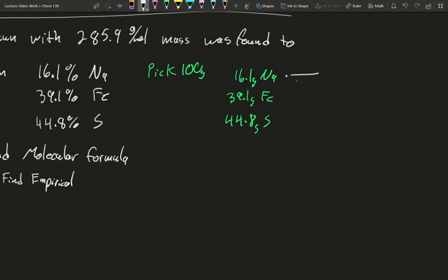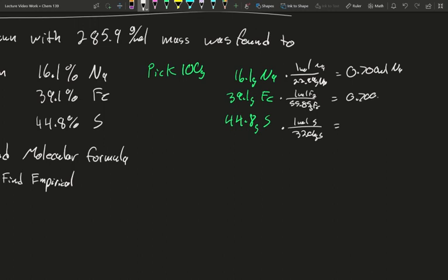For sodium, it's 22.99 grams of sodium in 1 mole. For iron, it's 55.85 grams of iron in 1 mole. And for sulfur, it's 32.06 grams of sulfur for 1 mole, which we'll find is 0.700 mole for the sodium, 0.700 mole for the iron, and 1.39 mole for the sulfur.